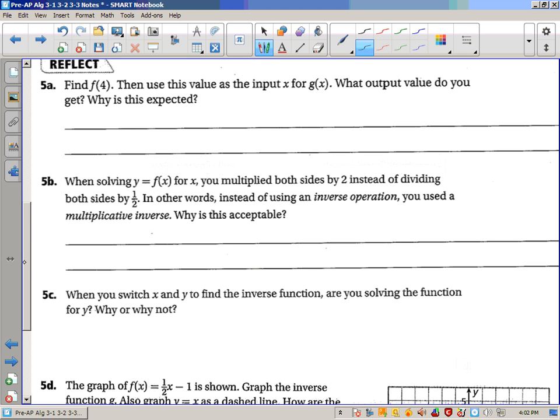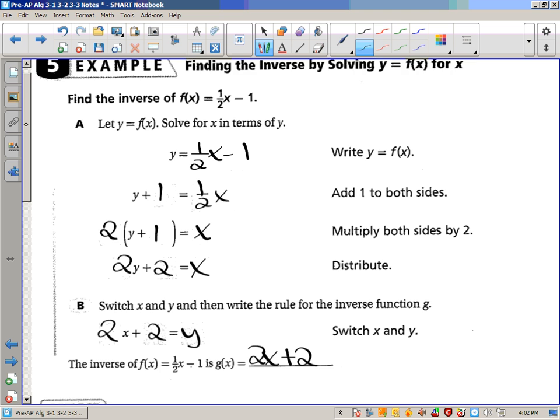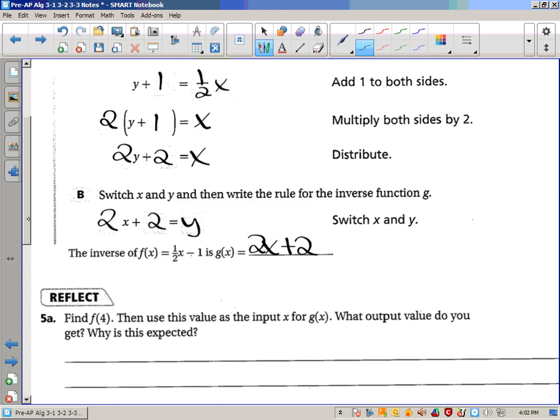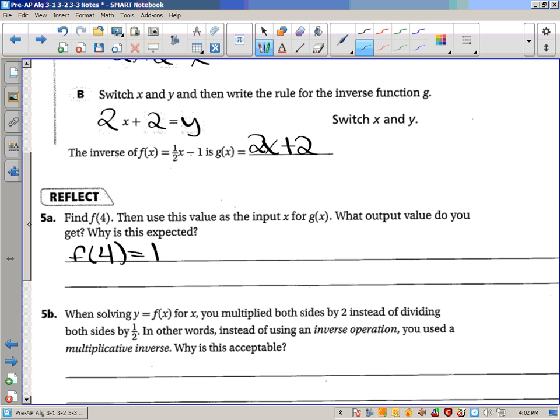So, find f of 4. So let's put 4 in for x. Half of 4 is 2. 2 minus 1 is 1. So f of 4 is 1. Then we will take this output, 1, and put that in to g of x.